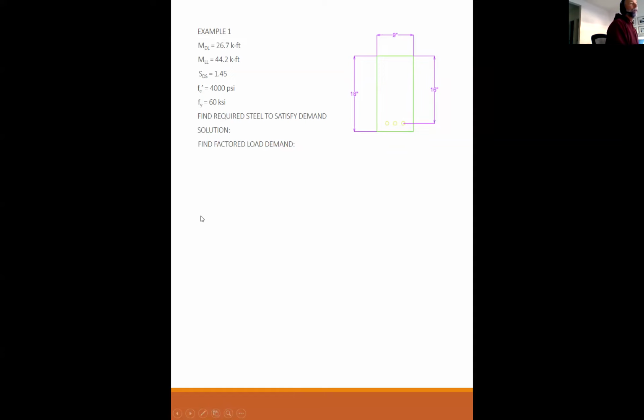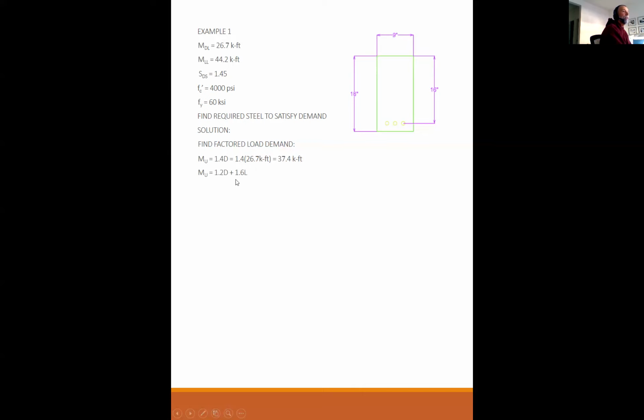Solution. Well, first we have to find the factored load demand. These are not factored loads, and you know that because they are dead load and live load. So I have to look at my 3 load combinations. 1.4 dead gives me 1.4 times 26.7, 37.4 kip-feet.